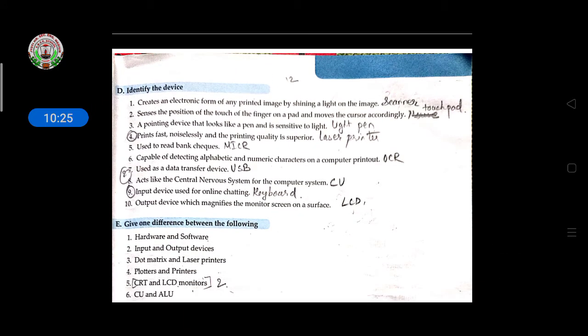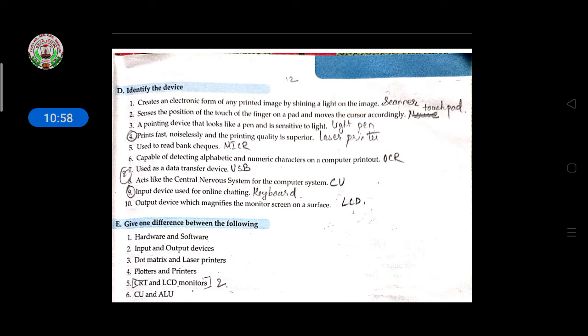Then come to identify the device. Creates electronic forms of any printed image by shining a light on the image: scanner. Senses the position of the touch of the finger on a pad and moves the cursor accordingly: touchpad. The pointing device that looks like a pen and is sensitive to light: light pen. Prints fast, noiselessly, and the printing quality is superior: laser printer. Used to read bank checks: MICR.